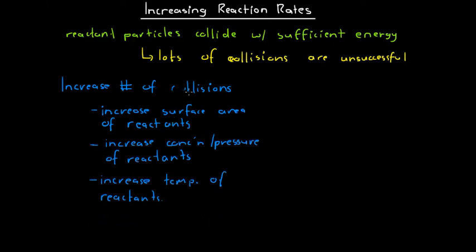Now, besides increasing the number of collisions, a second way that we can increase a reaction rate is, because lots of collisions are unsuccessful, we can increase the proportion of collisions that are successful, then we'll get a faster rate of reaction.